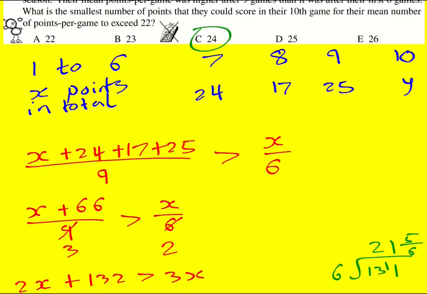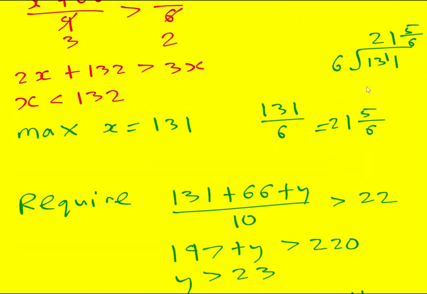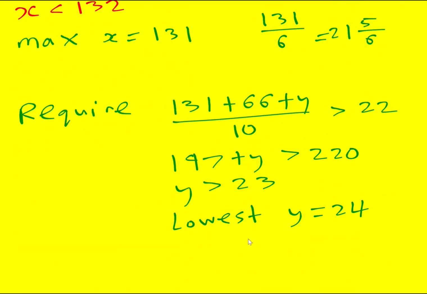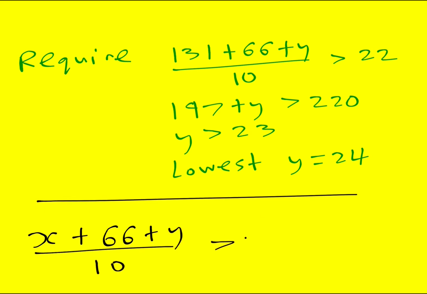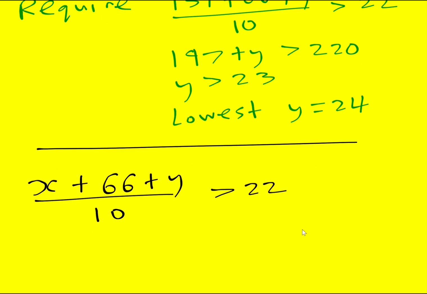Now on the answers, they do it slightly differently. They don't maximize x at this point. Instead, they take x, and then they add 66 and y, and divide by 10. Say that is greater than 22, which means x plus y plus 66 is greater than 220.